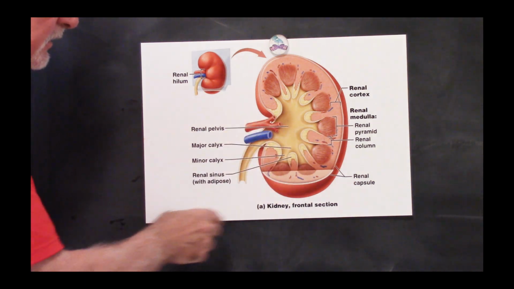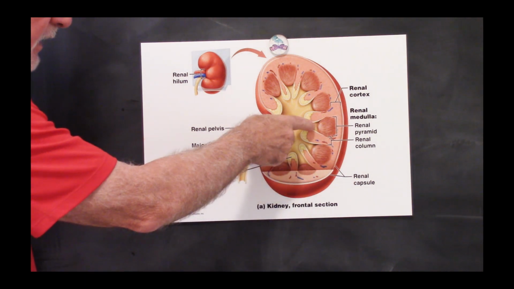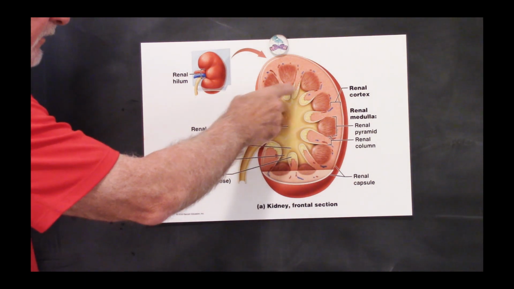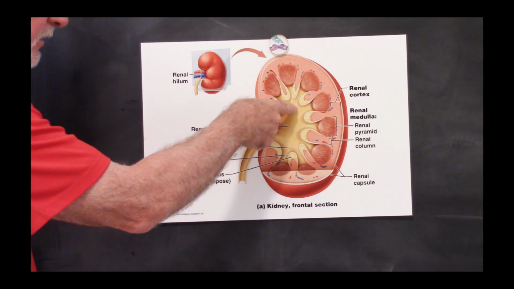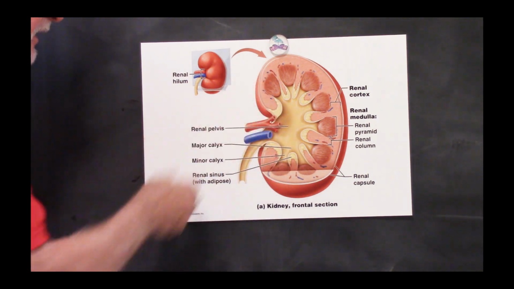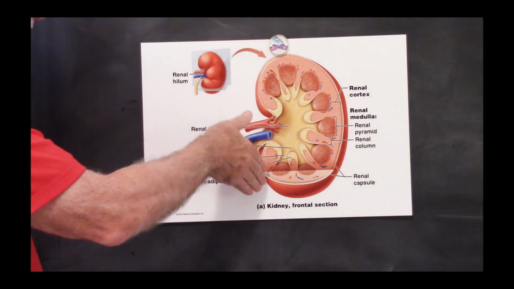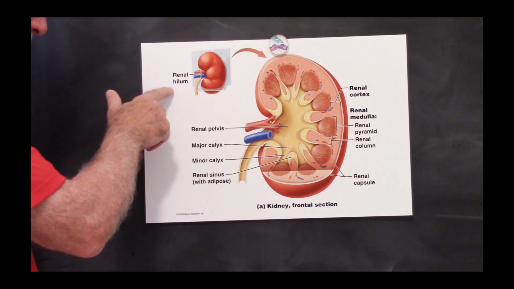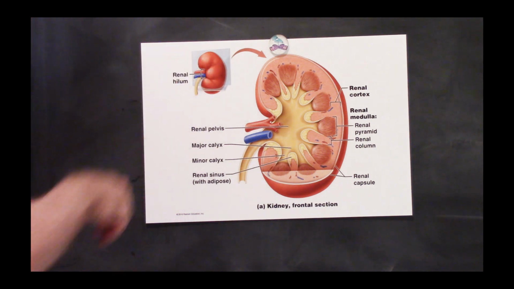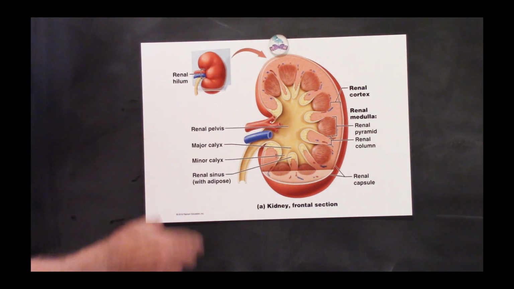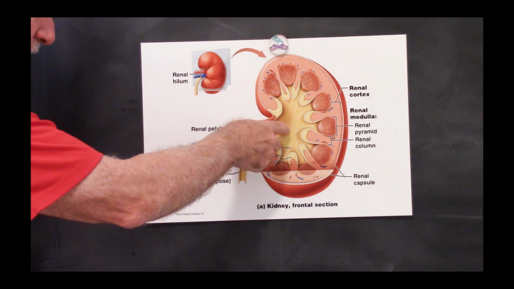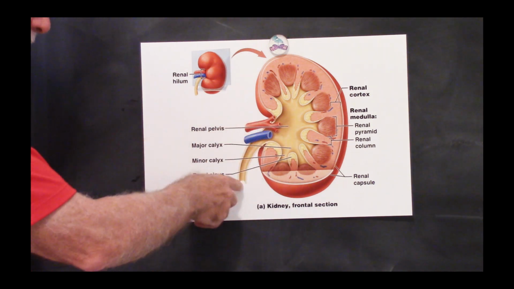And a renal papilla opens into a minor calyx, and the minor calyces join to form a major calyx, and the major calyces form the renal pelvis. And at the hilum or hilus, which is right here on the medial side of the kidney, the renal pelvis becomes the ureter.